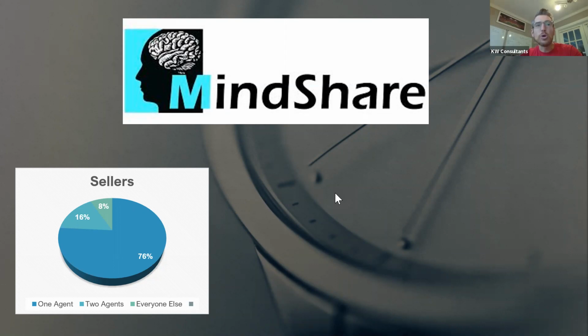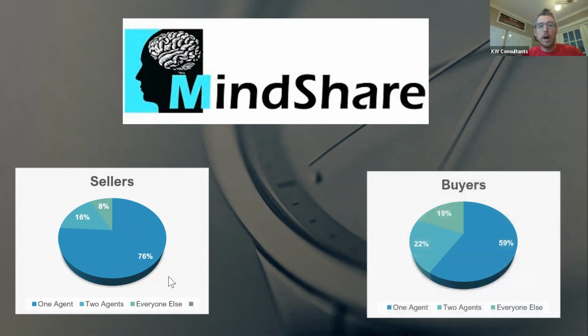So your goal, obviously, with sellers is to be the one agent that when they think of real estate, they think of you. When we talk about buyers, it's about the same, but it's definitely a little bit different. So buyers, 59% can only think of one agent, 22% can think of two, and then 19% can think of more than two.